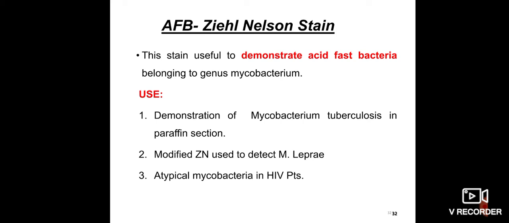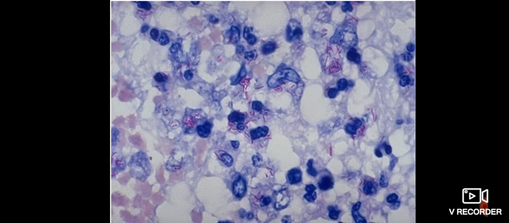Coming to AFB stain or Ziehl-Neelsen stain, which is used for demonstrating acid-fast bacteria belonging to genus Mycobacteria. So it is mainly used for tuberculosis. Modified ZN stain can be used for Mycobacterium leprae as well as atypical Mycobacteria in HIV patients.